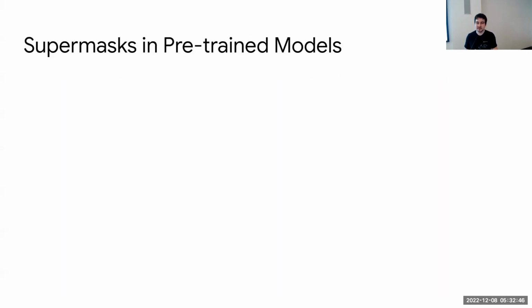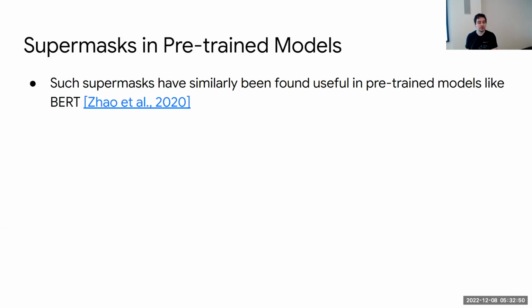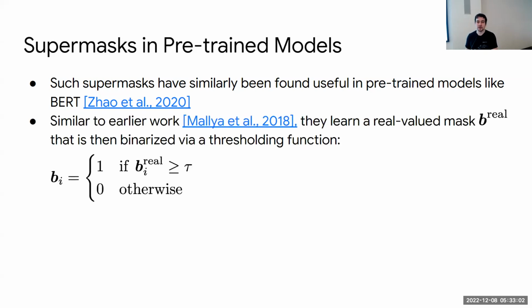Now these supermasks have also been used, under a different name, in models like BERT, where the strategy of just masking, so not updating the subnetworks but only learning how you should mask your model, has also been found useful with a pre-trained model like BERT.